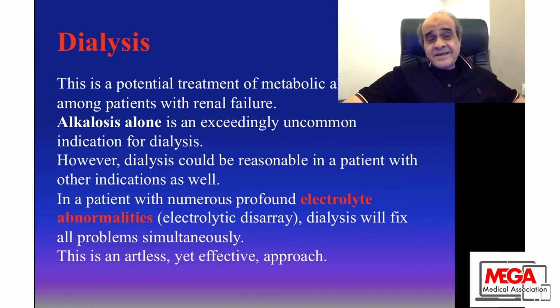Dialysis really is not a sole indication or potential treatment for metabolic alkalosis among patients with renal failure. It will be indicated in associated conditions, not metabolic alkalosis only, except if the alkalosis is severe and there are some associated electrolyte abnormalities and so on.